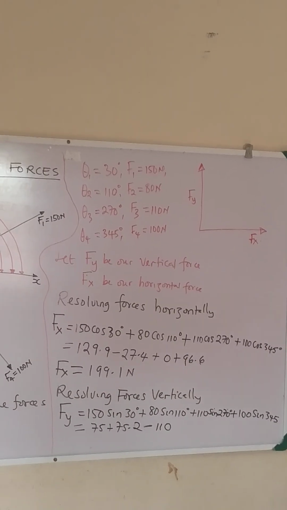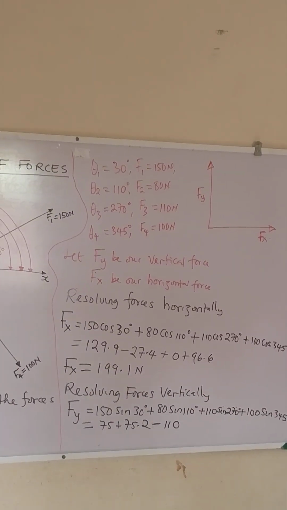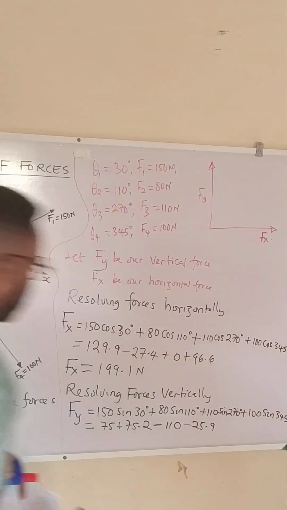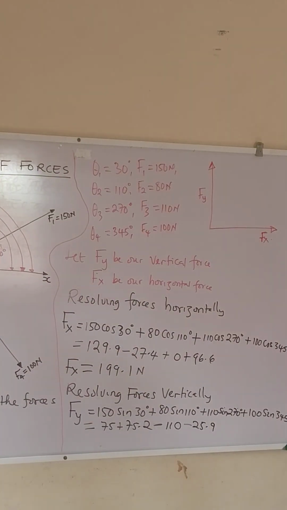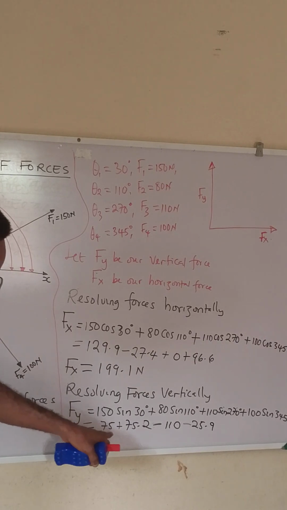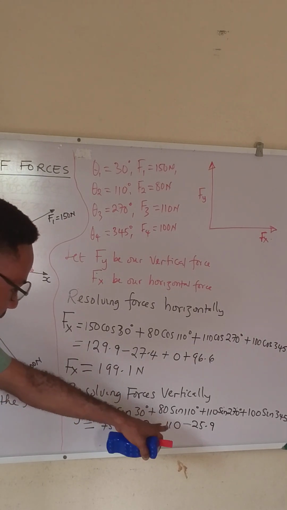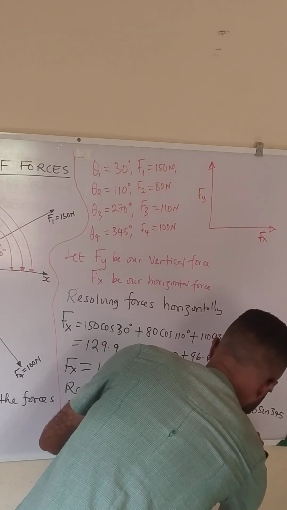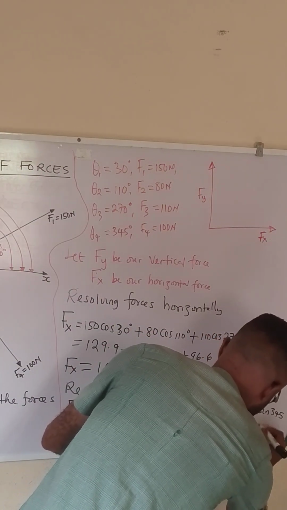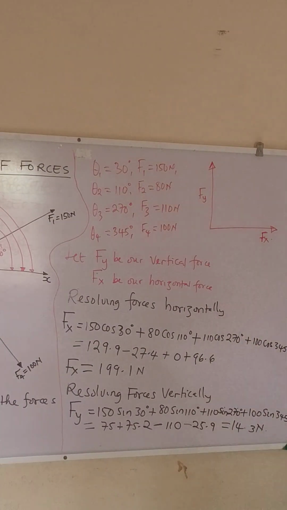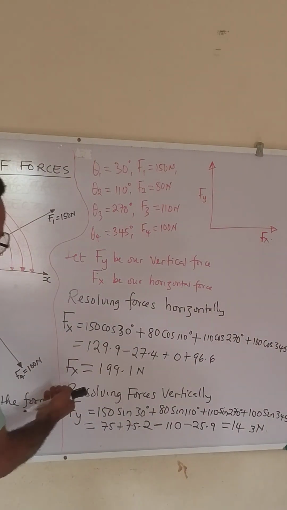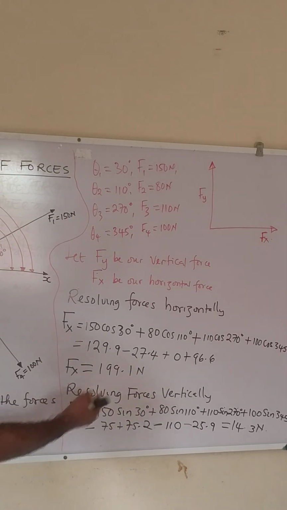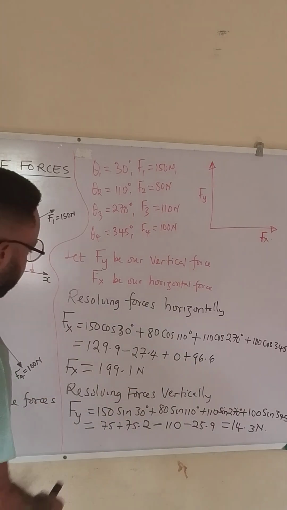So when you multiply it by 100, it will give you minus 25.9. And so when you solve this, 75 plus 75.2 minus 110 minus 25.9, your Fy is going to be 14.3 Newton. So we've been able to resolve the forces horizontally to have this value, and also vertically to have this value.